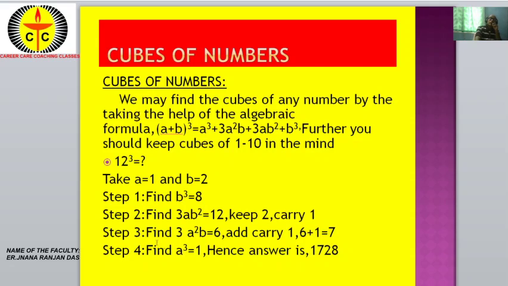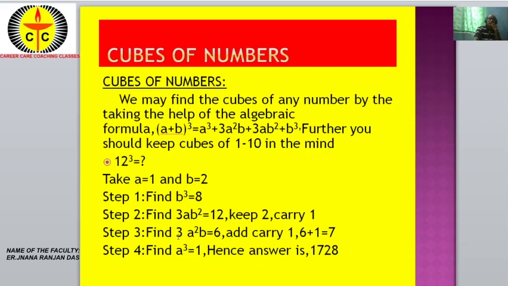First, we take the number 12. In this case, a is 1 and b is 2. Find b cube. Then 3ab square, 12. Then it is a two-digit number. We keep 2 and carry 1.